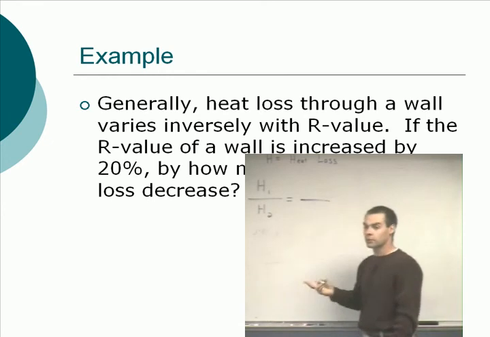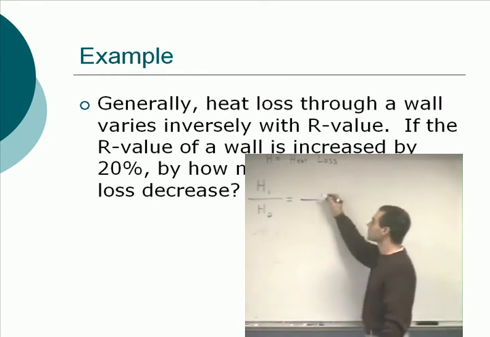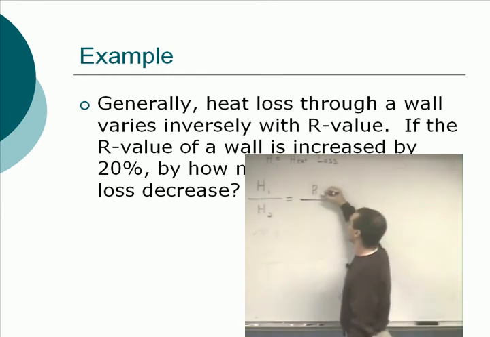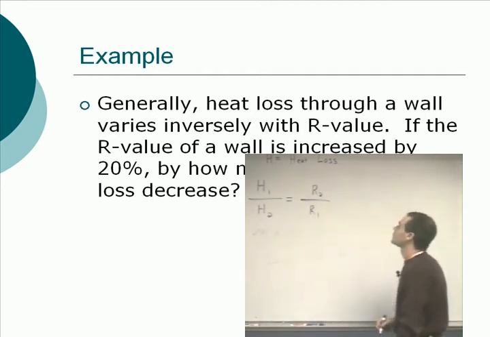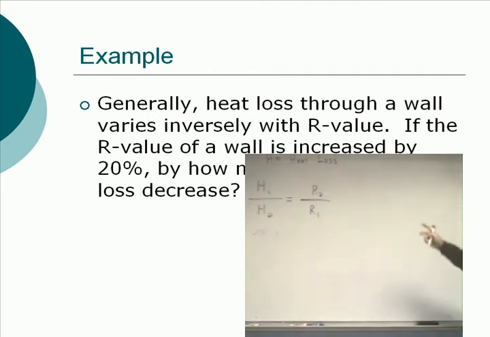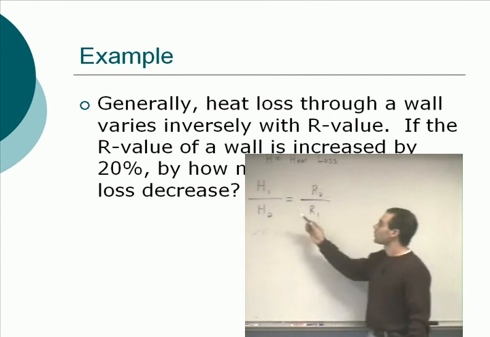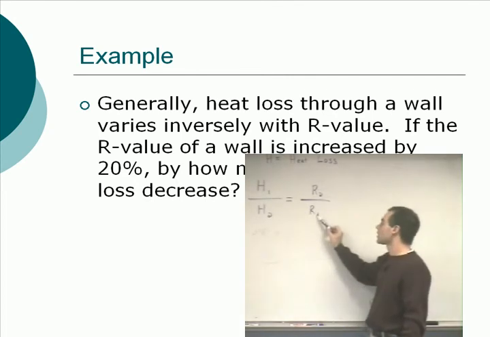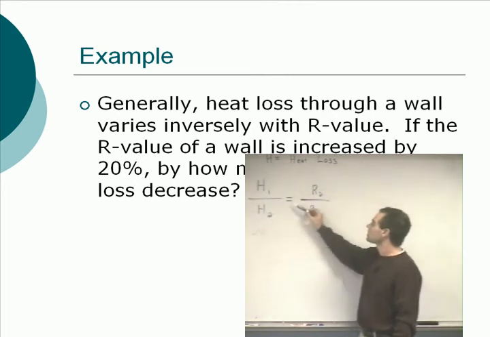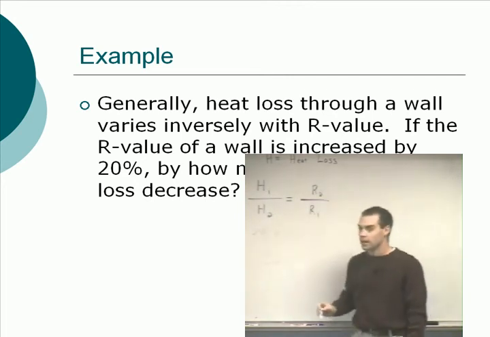Now these two are inversely related, so our R value is going to be reciprocal. We're going to take the reciprocal of that. So our original heat loss and our original R value are related diagonally, and our new heat loss and our new R value are related diagonally.